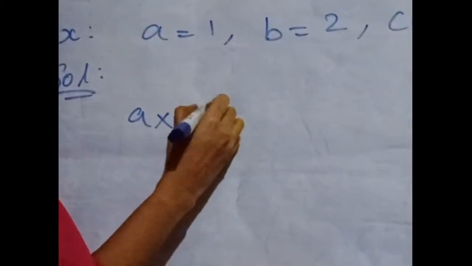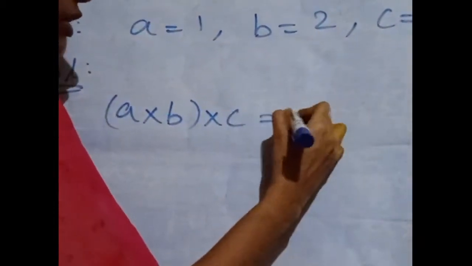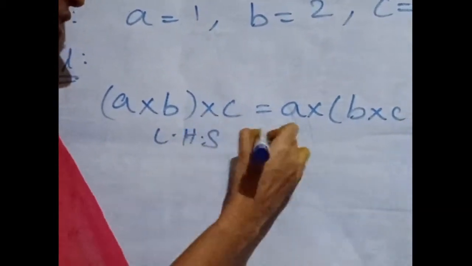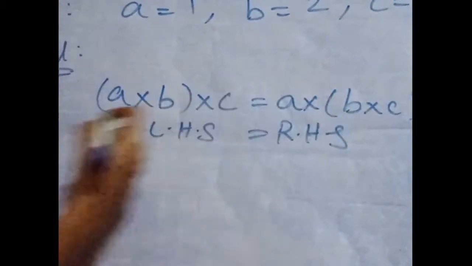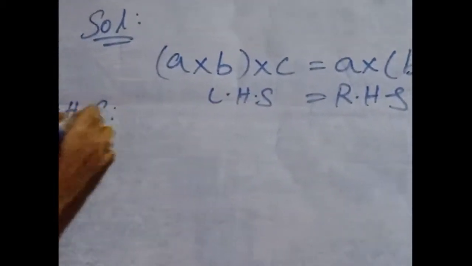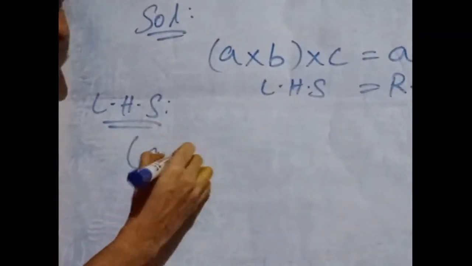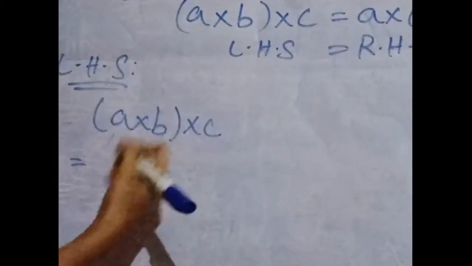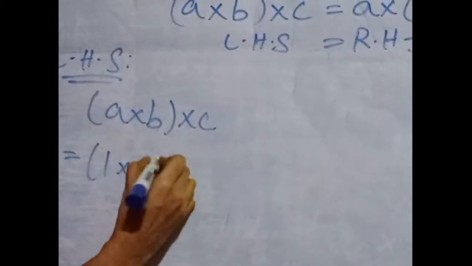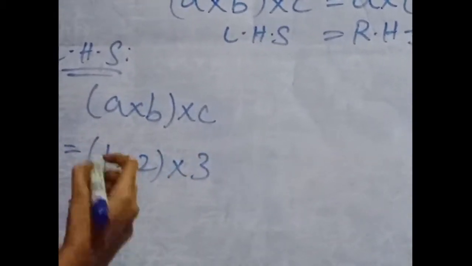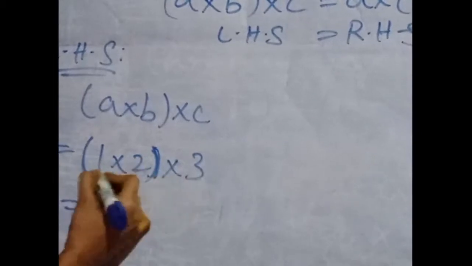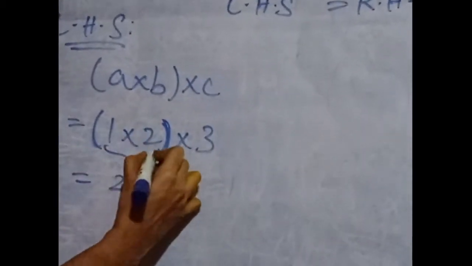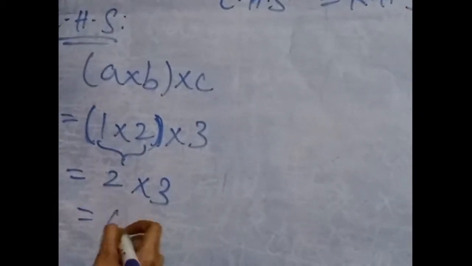This is LHS is equal to RHS. First write the LHS. A into B into C. Substitute the A, B and C values. 1 into 2 into 3. First perform the bracket values. 1 into 2, 2, 2 into 3. Next 2 3s are 6.